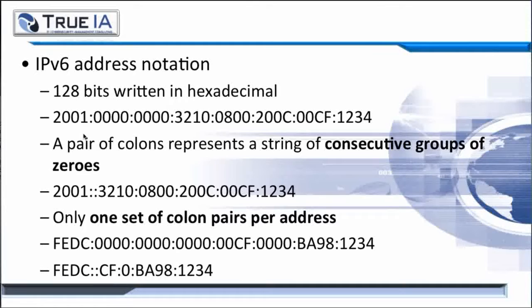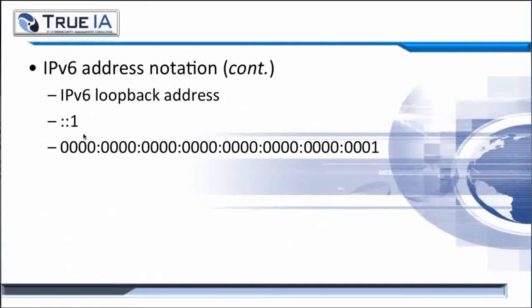And note that there's only one set of colon pairs per address. And just like IPv4, IPv6 offers a loopback address. So instead of 127 being home, now it's ::1.